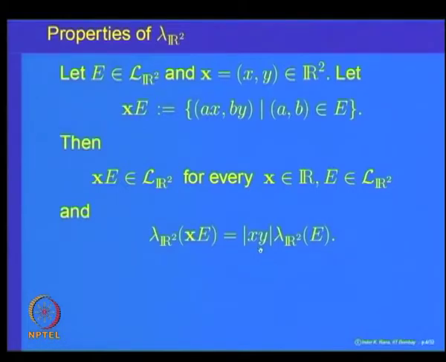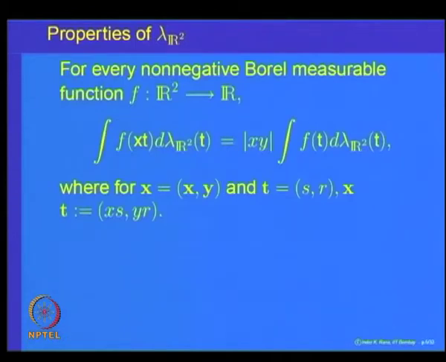So, this property relates to something about multiplication, and now we would like to rewrite this property in a slightly different way. Before that, let me just state the corresponding result for integrals, namely that if f is a non-negative measurable function on R 2, then the integral of x times f, this multiplication as defined now, is equal to the absolute value of x y times the integral of the function f.